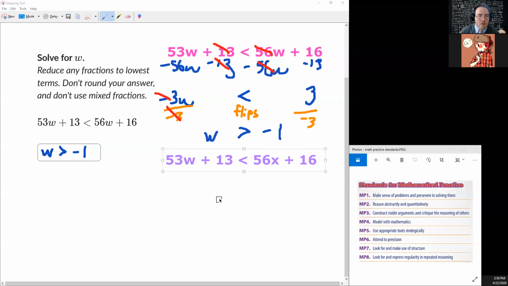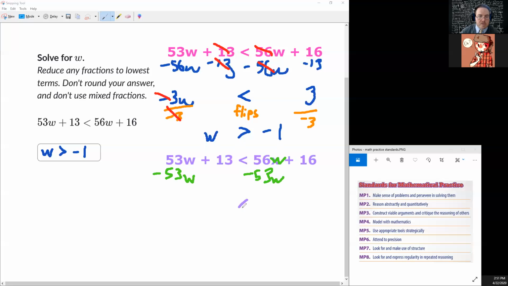Okay, so basically it comes down to this moment of truth where instead of me subtracting 56W from both sides, if I had subtracted 53W from both sides, which is completely allowable, I wrote an X here, it should have been a W. Okay, and then let's see, what would happen if I did that?